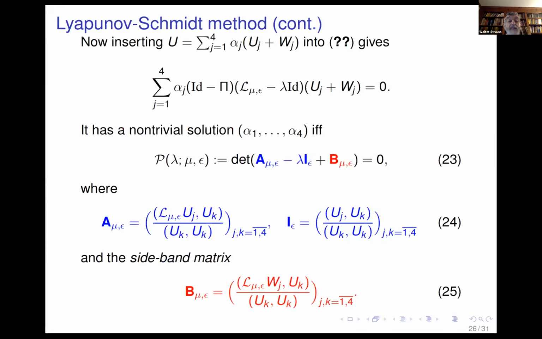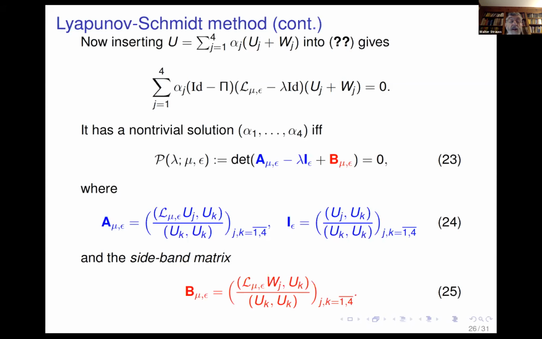Now we insert those WJs into the formula. Here near the top of the page is the four-dimensional system written in terms of unknown constants alpha 1 to alpha 4.